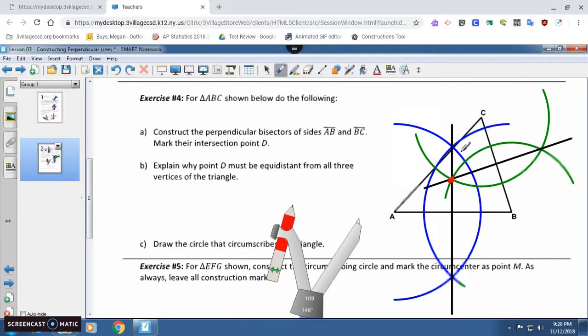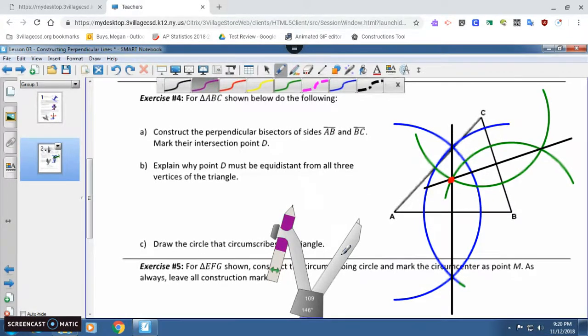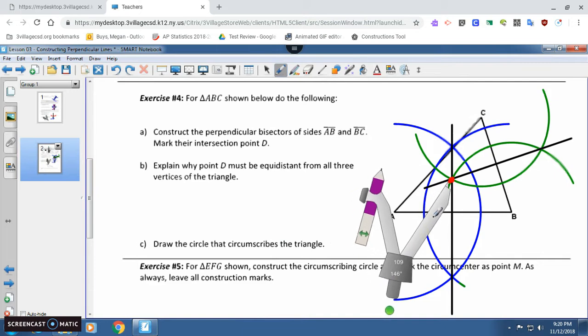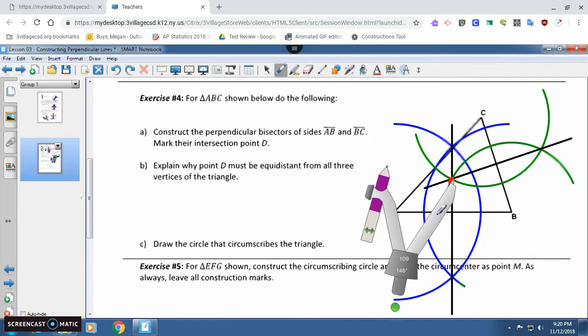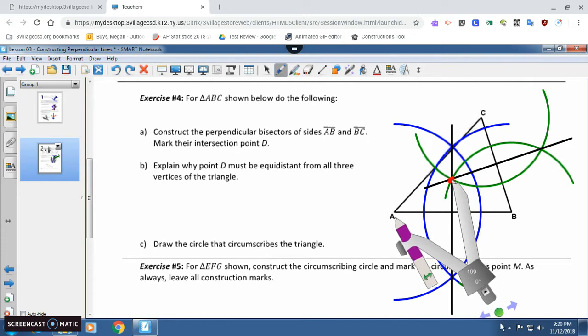But since all the vertices of the triangle are going to be equidistant from that center point, we know that we can start here and we can stretch to any one of our vertices.